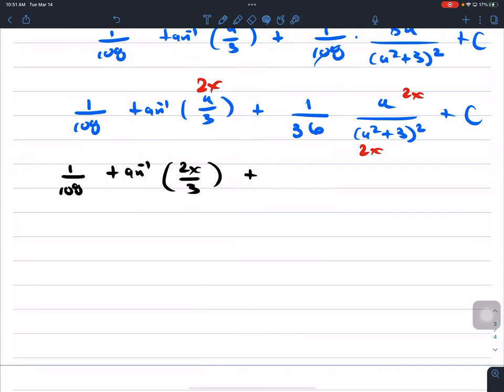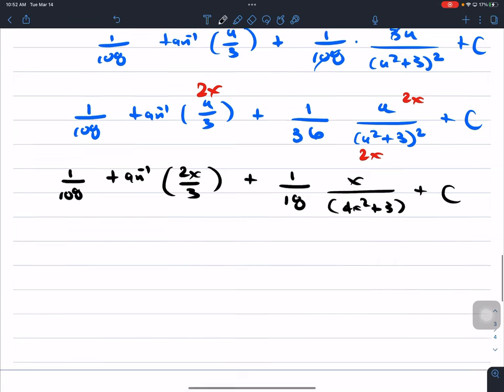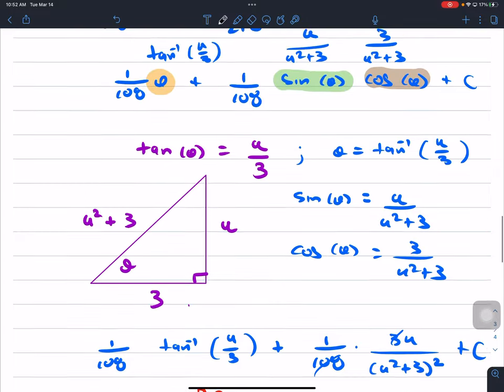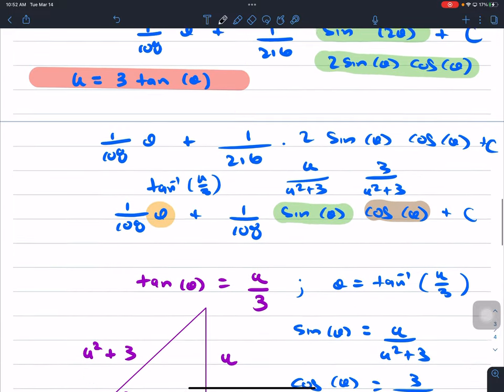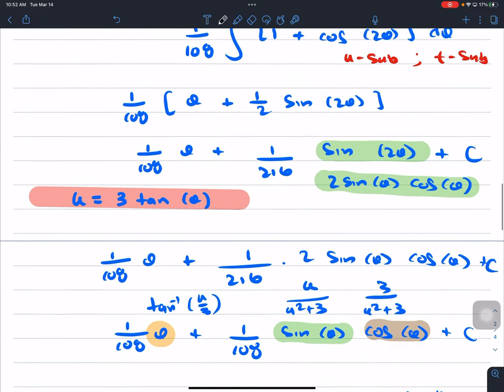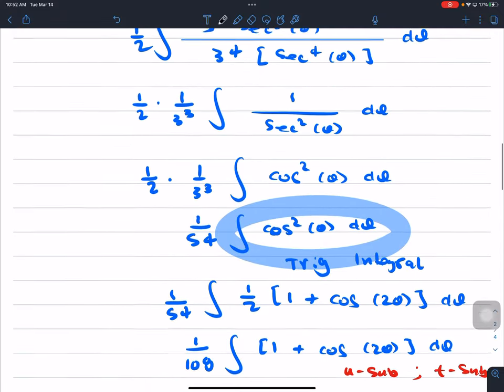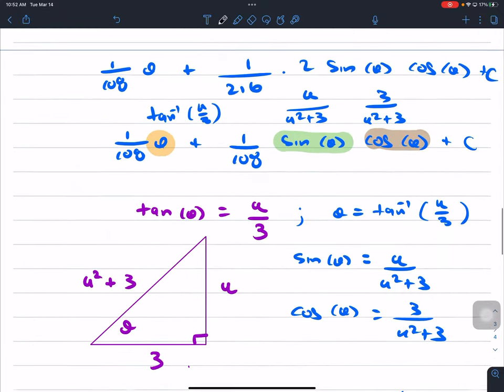Okay. So it looks like this is going to be plus 1 over, is that 18? X over 4x squared plus 3. Plus constant there. I don't know why that's bothering me. What's bothering me? It should be right, with a right triangle.